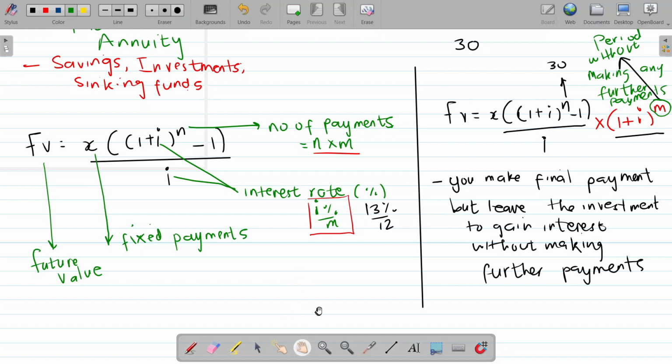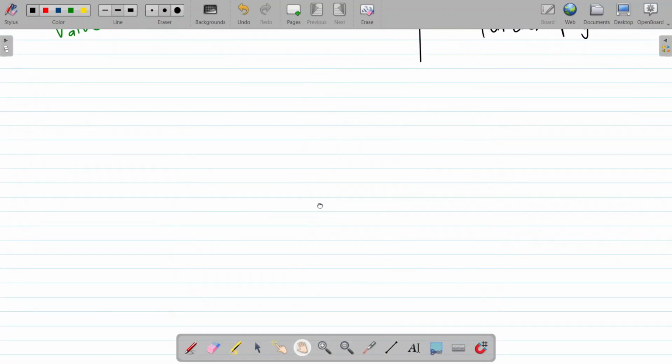The first scenario is just the ordinary future value. The second one is when there is money left in the account, but then there are no further payments being made. Now let's go to the third one.